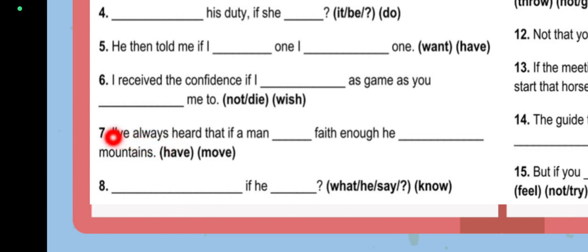Okay. Now, can you do number 7? "I've always heard that if a man had faith enough, he would move mountains." Great. Okay. The 8.